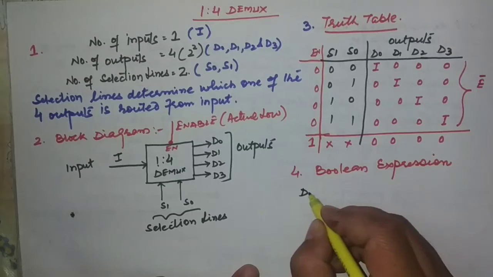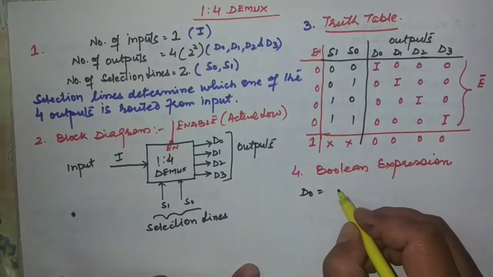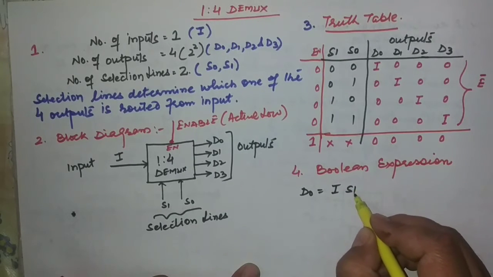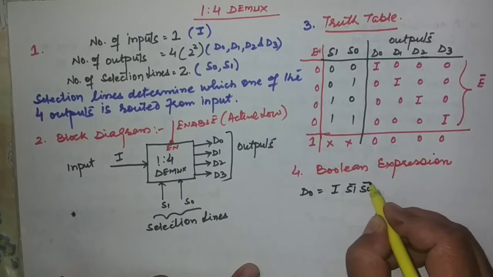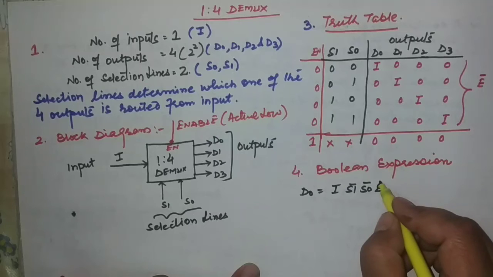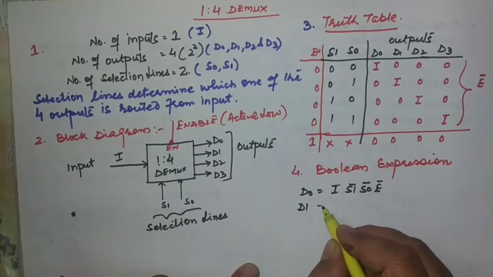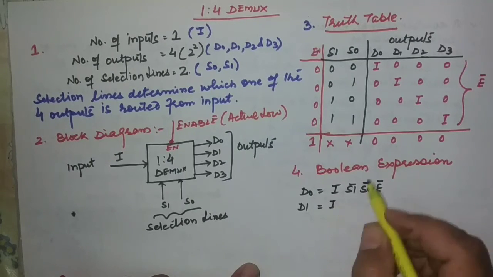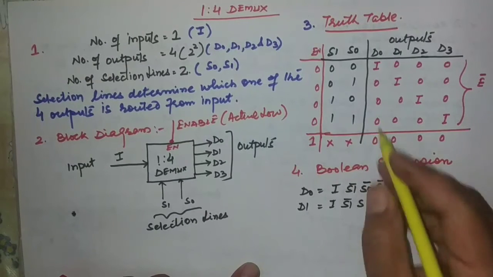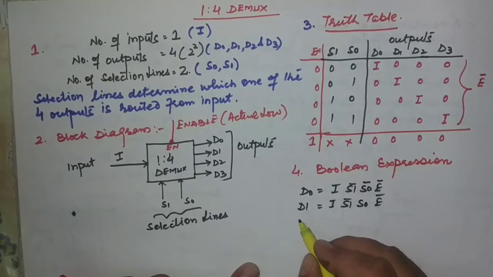For D0, it is I, the input, S1 complement, S0 complement, and obviously E is also complemented. For D1, I, S1 complement, S0 and E complement.